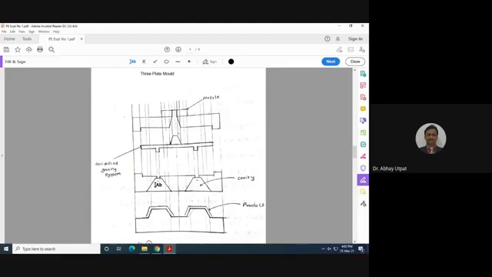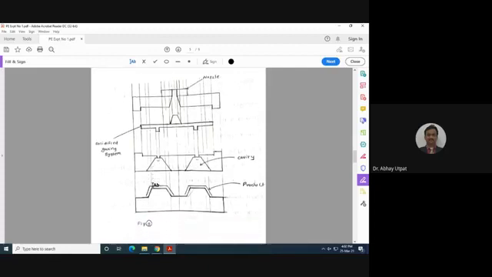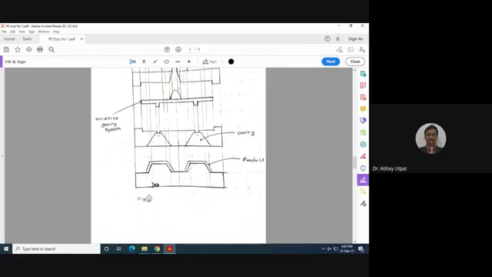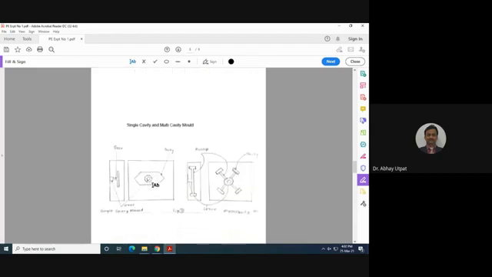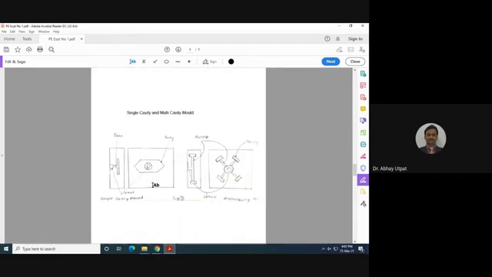The second classification is single cavity mold and multi-cavity mold. So I will show the schematic diagram for single cavity mold and multi-cavity mold. I hope you have taken the screenshot of it.